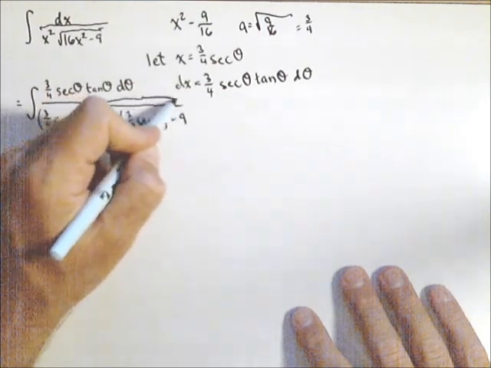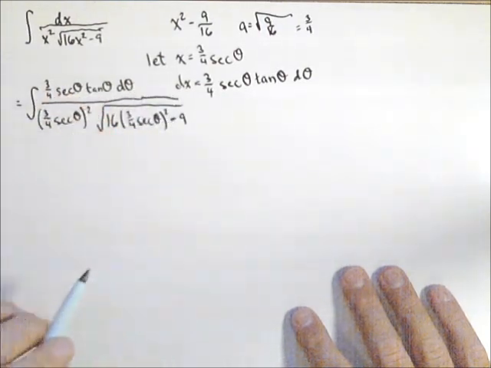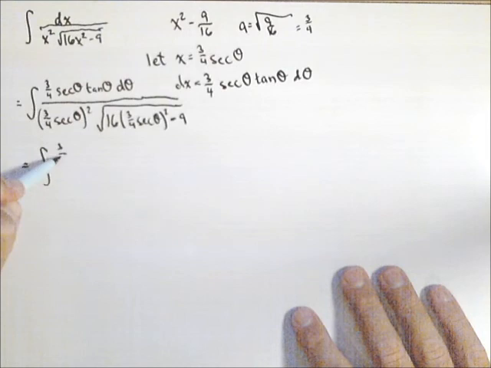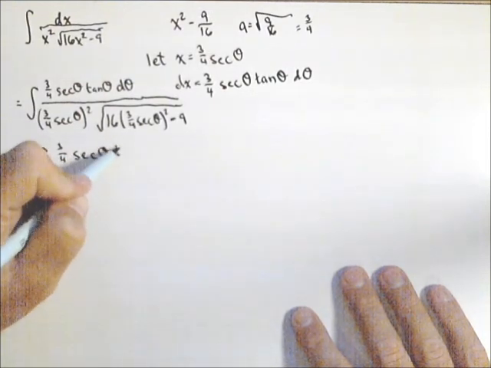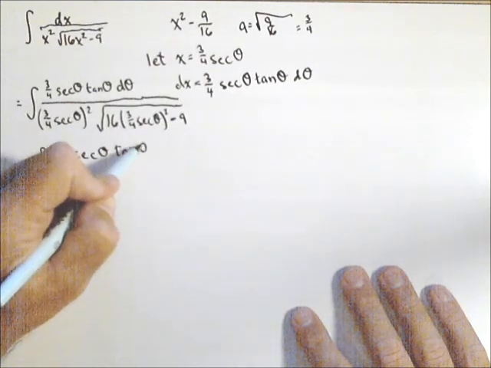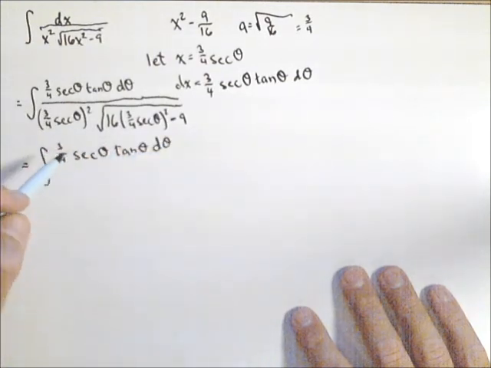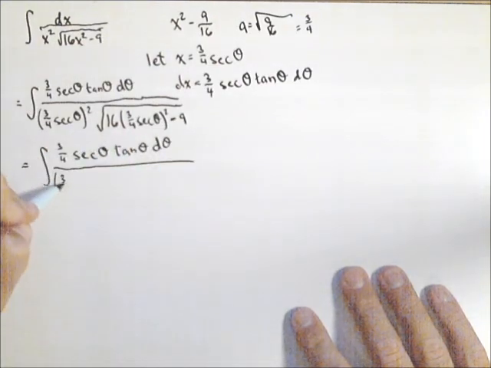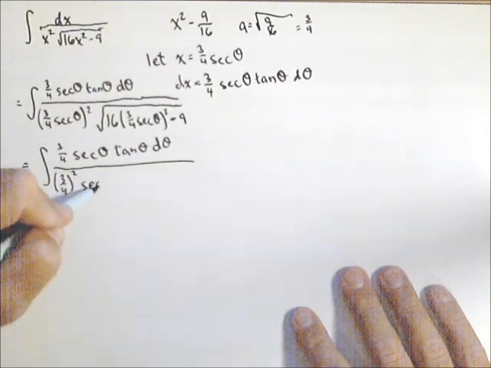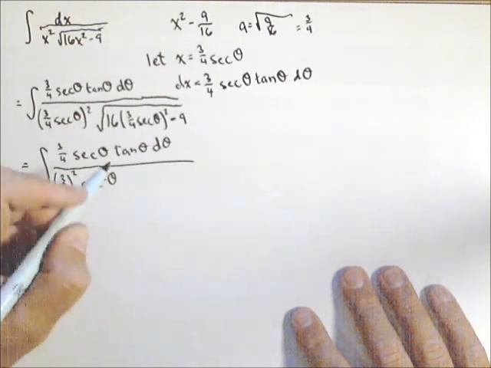And this will work out really nice. It's a pretty slick little substitution. So now we've got 3/4 secant theta tangent theta d theta on top. I'm going to start getting rid of some of these parentheses down here on bottom. We have a 3/4 squared, a secant squared theta.